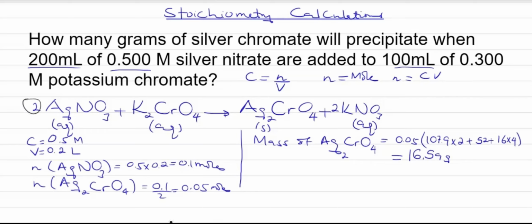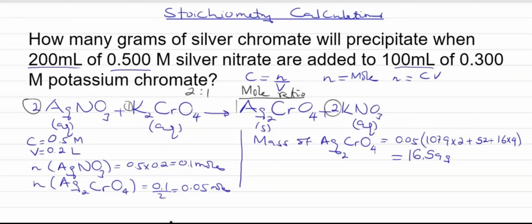So you have 1 there, the coefficient, and you have 2 there, so it's a 2 to 1 mole ratio. To find the number of moles of silver chromate, we divide by 2.